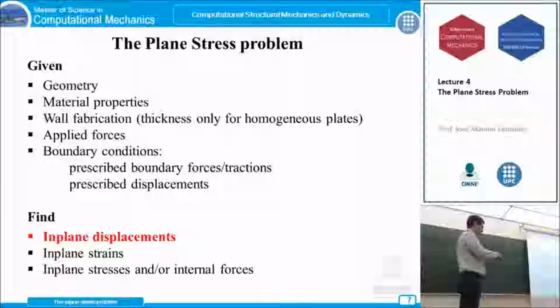Above all, we must get this in-plane displacement. We want to know the in-plane strains and stresses and internal forces, but take into account that these magnitudes are displacement dependent. So if we find this displacement, we are going to find everything, because this is our primary variable, the displacement function all over the plate.